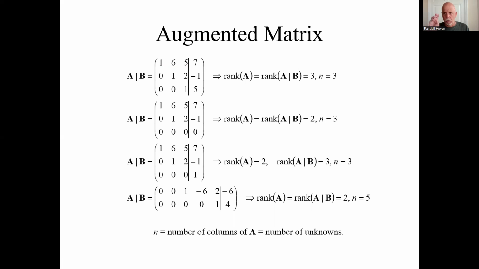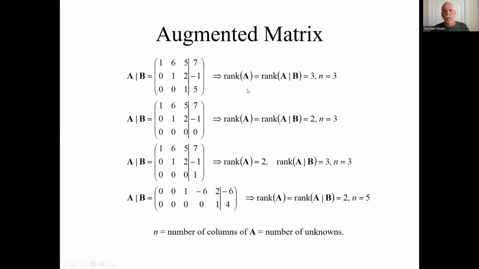So let's talk about those 3 things for these different examples. Here, the rank of A, the A part, is 3. The rank of the whole augmented matrix is also 3. And N equals 1, 2, 3, the number of columns of the A part.